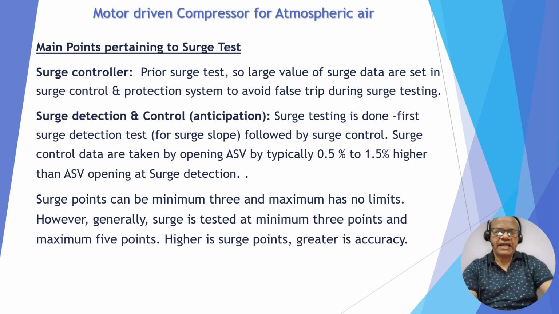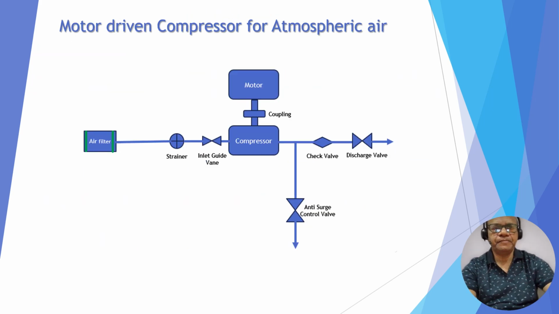Surge points can be minimum 3, maximum has no limits. However, generally surge is tested at minimum 3 points and maximum 5 points. The higher the surge points, the higher the accuracy of surge data.